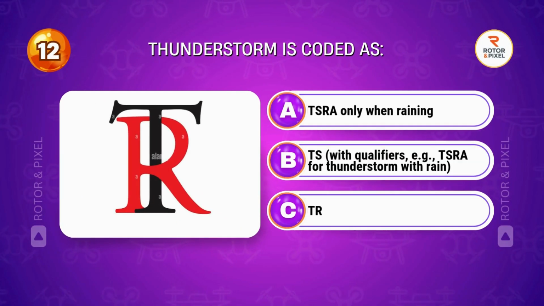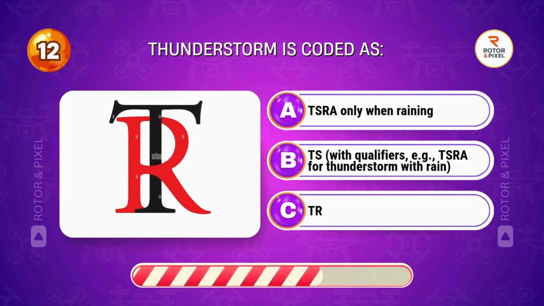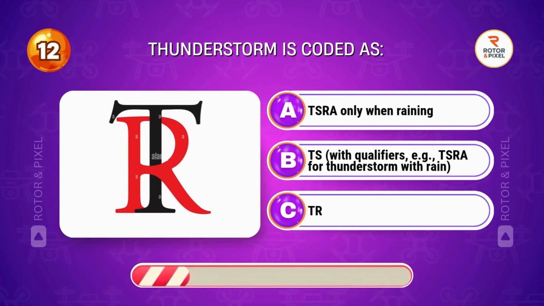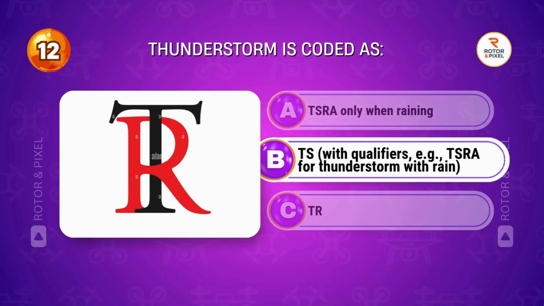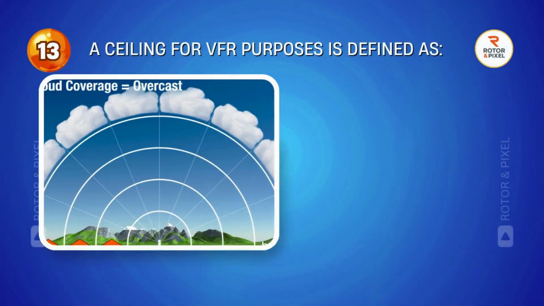Thunderstorm is coded as... Answer B, TS with qualifiers, e.g. TSRA for thunderstorm with rain.